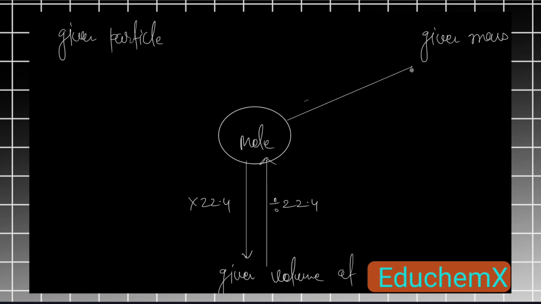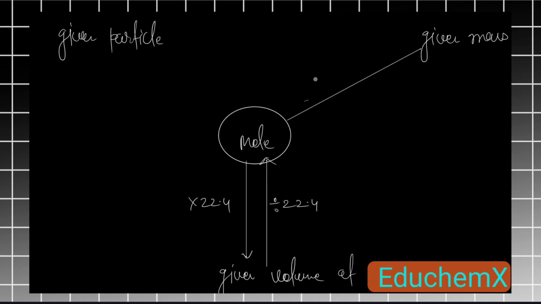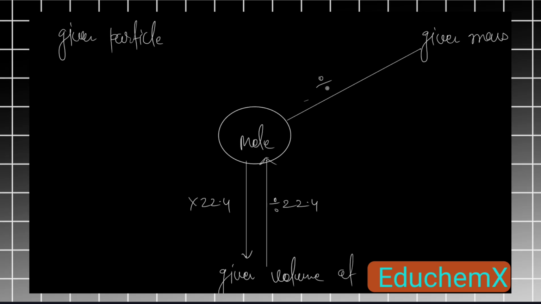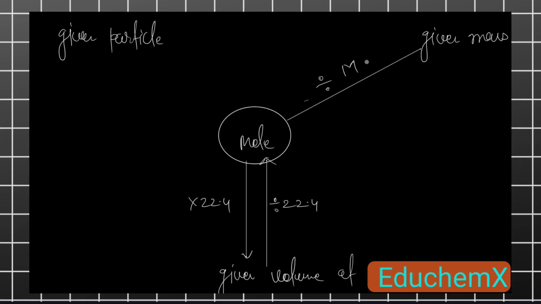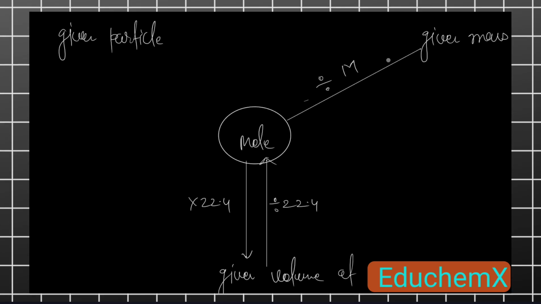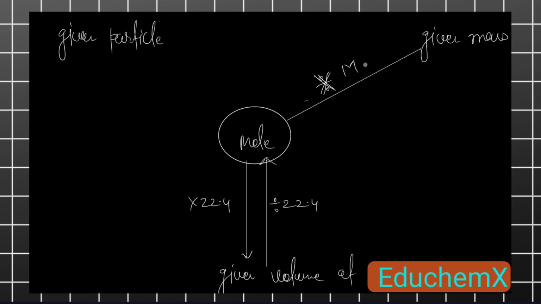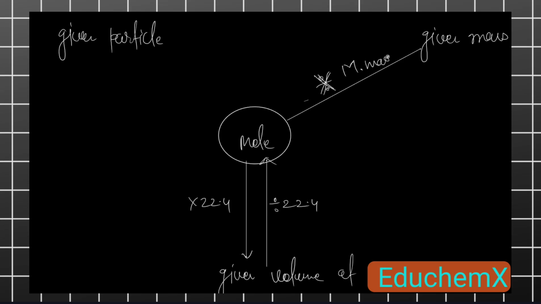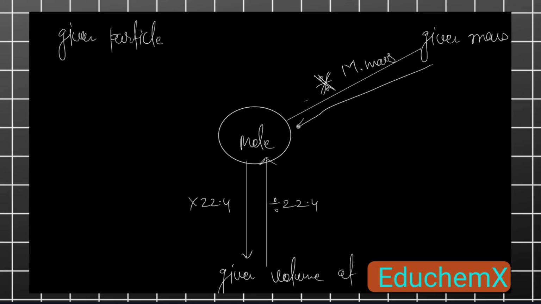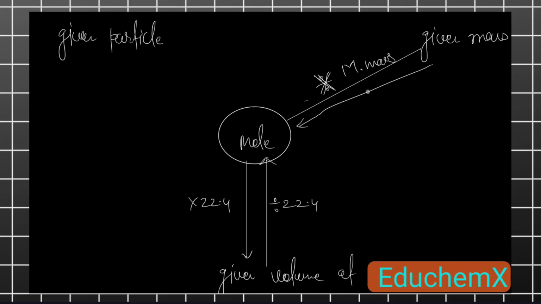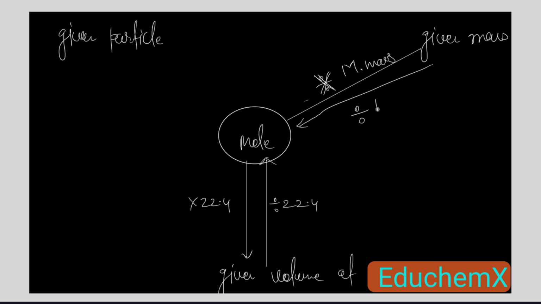When you have to find the given volume at STP from the moles, you just multiply by 22.4 liter.